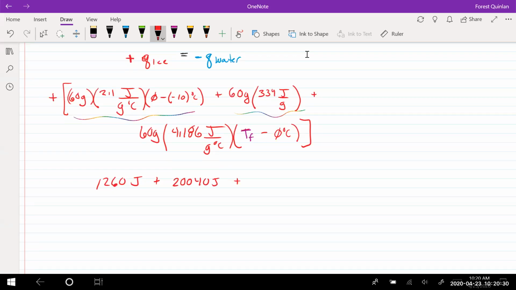And now, Dallas, if you could, take this 60 times 4.186. That would be 251. I want to point out that this is going to be joules per degree Celsius. I'm not going to multiply it by 0, which I could if I wanted to, but clearly that's going to be a 0.